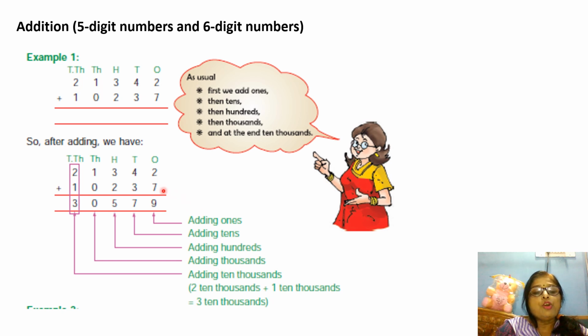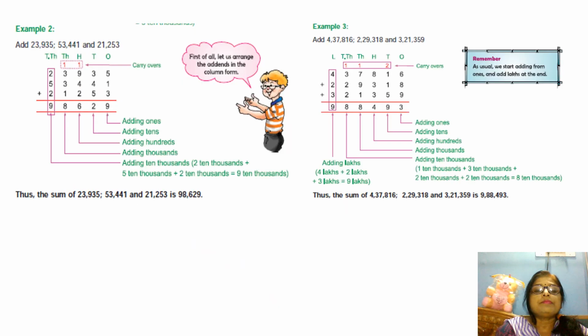In this way, you will get the final answer. Now, my dear students, it is given 3. First add, you know about it, arrange it and then again in the same way add ones, then tens, then hundreds, then thousands and then ten thousands. In this way you are getting the whole answer.